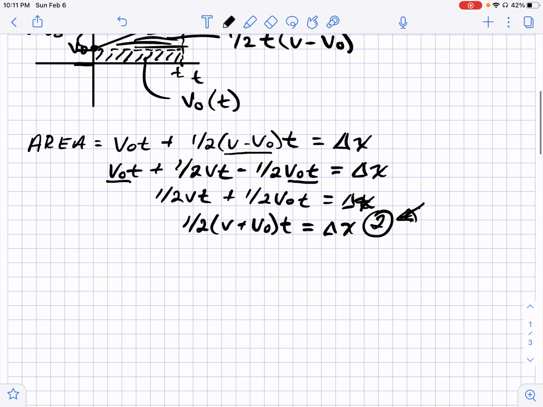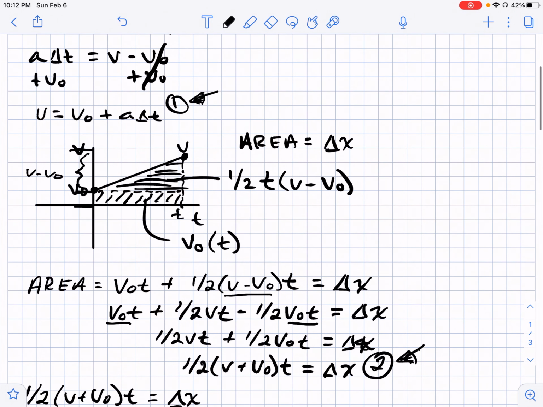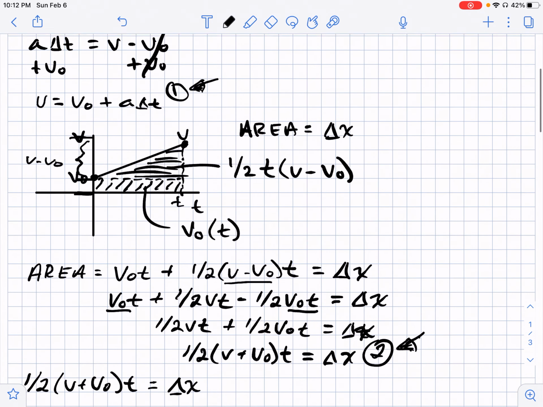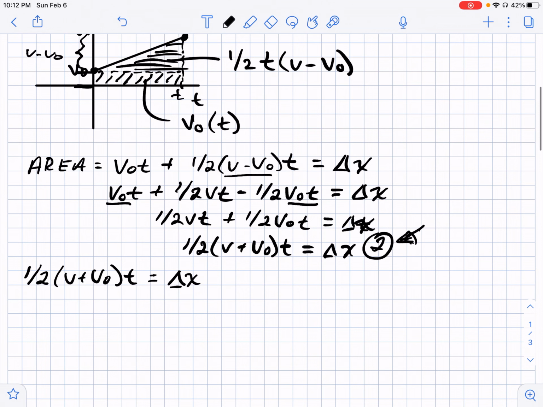So let's go ahead and rewrite this one over here. We had 1/2 (V plus V naught) times T equals delta X. And up here, your first one, we found final velocity equals initial velocity plus acceleration times time. Now there's a lot of times where we don't really know the final velocity.